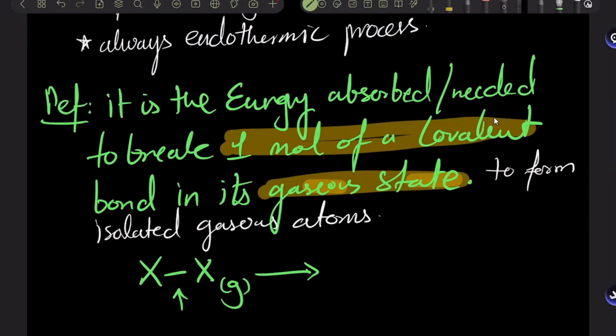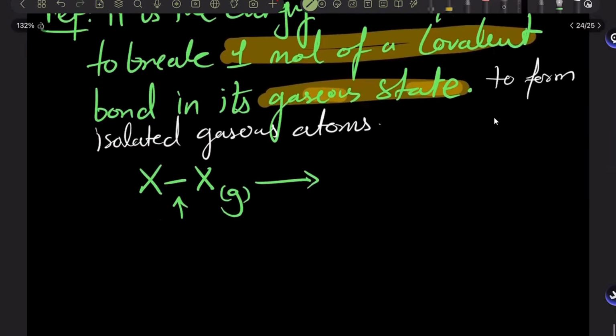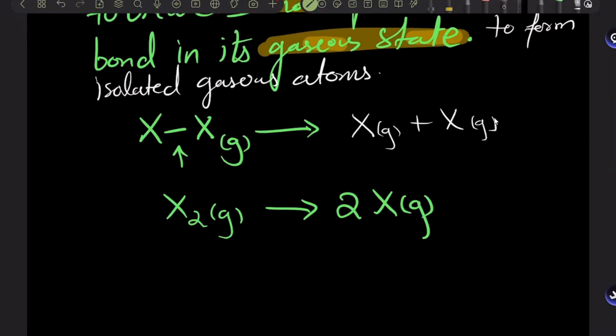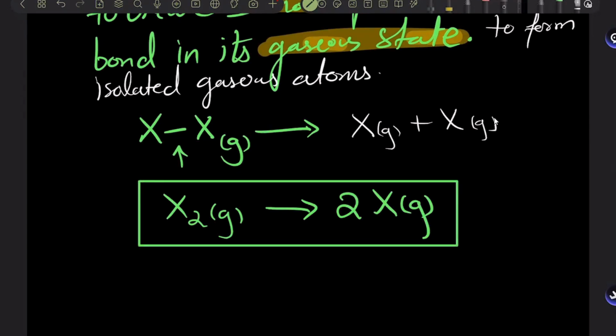That's bond energy. How many gaseous atoms do I get? I get X gaseous and another X gaseous. So I can write this equation as X2 gaseous, which has a covalent bond inside it, forms 2 times gaseous atoms of X. This is how I would write a general equation for bond energy.